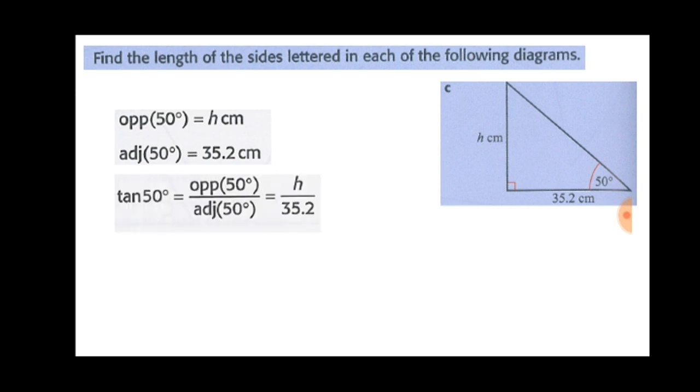So tan 50 degrees is equal to opposite of 50 degrees over adjacent of 50 degrees, which is equal to H over 35.2. Multiply with 35.2 on both sides to find H. So H equal to 35.2 times sine 50 degrees. Using the calculator, it will be equal to 41.9 centimeters.